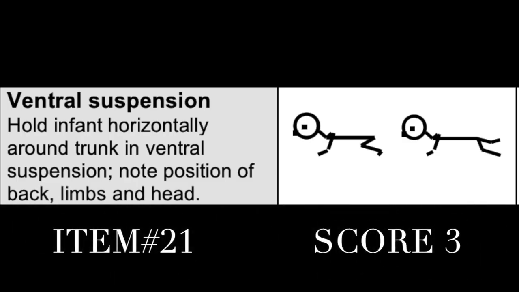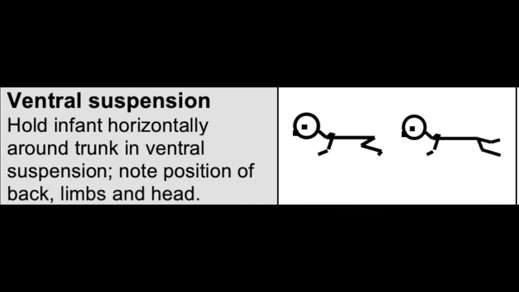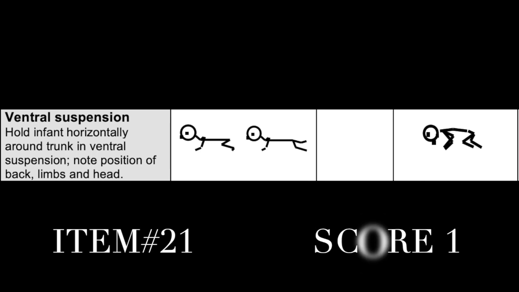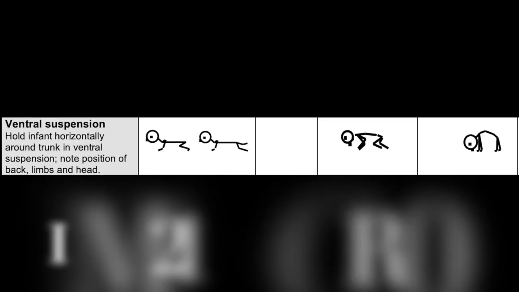Item 21. Ventral suspension. Hold the infant horizontally around the trunk in ventral suspension. Note the position of the back, limbs, and head. Look at the pictures for score 3, score 1, and score 0.